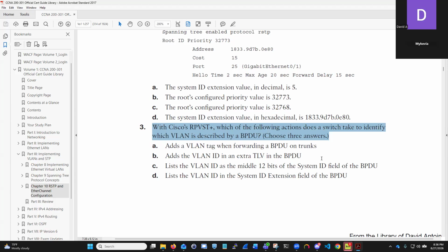Okay, I'm going to stick with my answer A, C, and D.